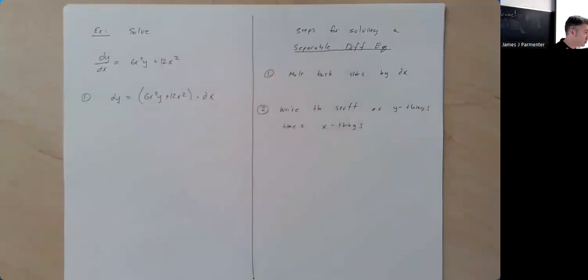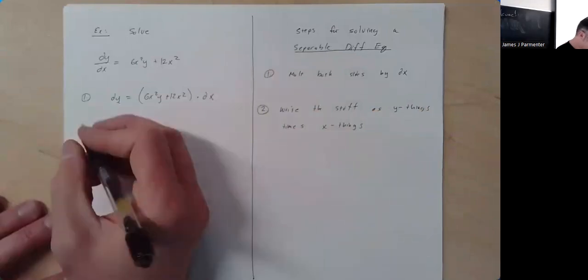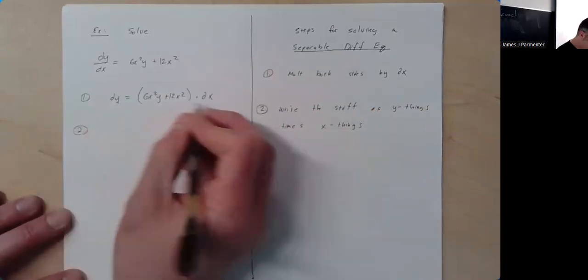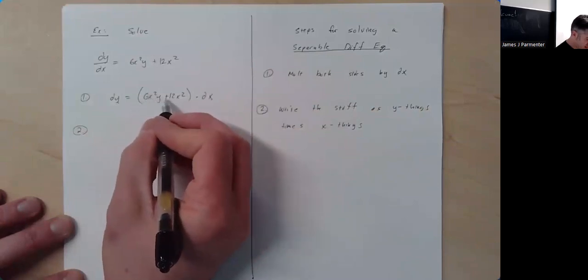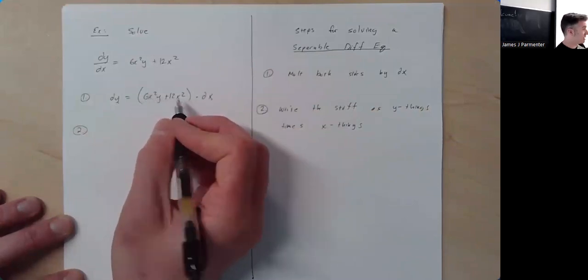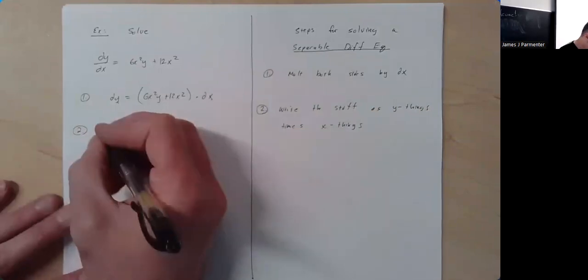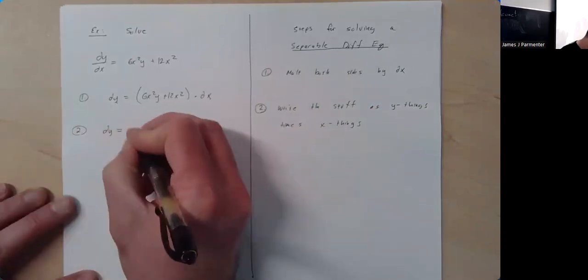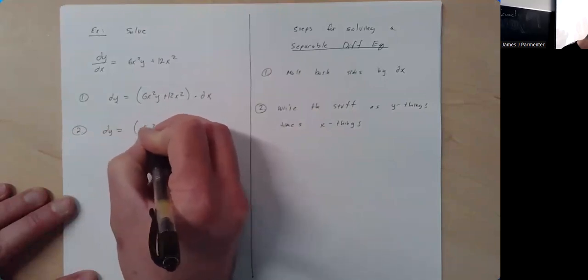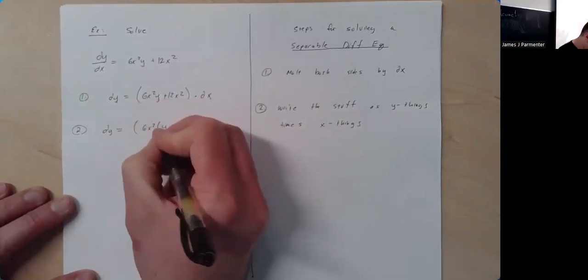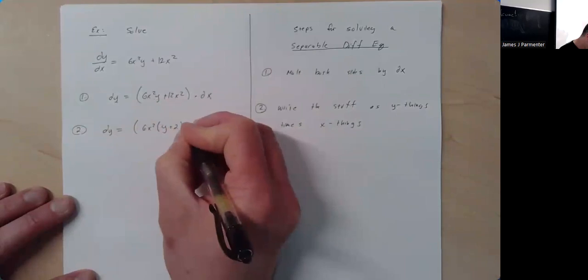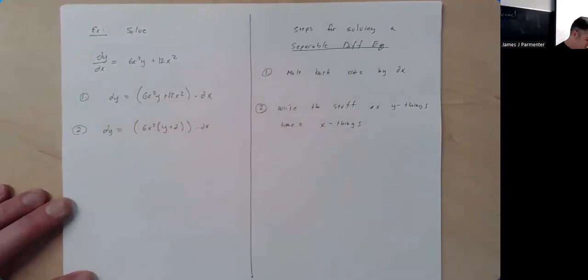It might not be possible to do this if it's not separable. So here I see that from 6x squared y plus 12x squared, I can factor out a 6x squared. Or really importantly, an x squared. But I'm going to do the whole 6x squared. So I'm going to have dy equal to 6x squared times, I've got a y plus 2, times dx.